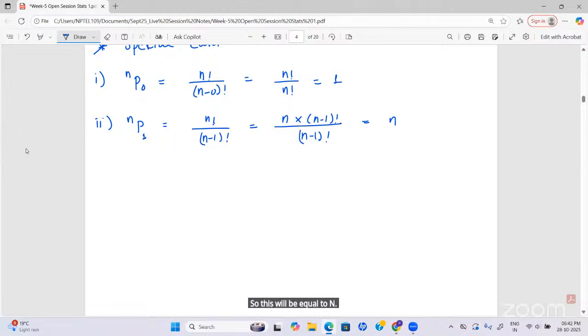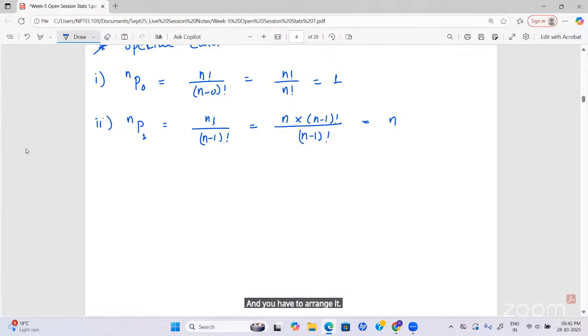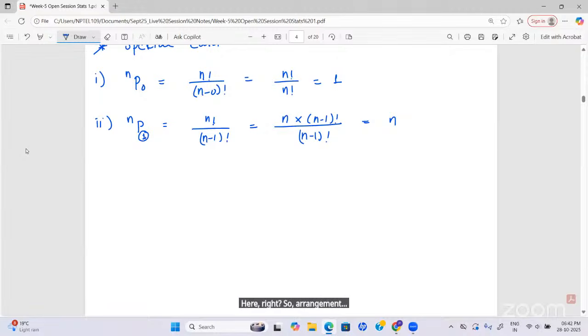From this NP1, you can see that if you have n number of objects and you have to select only one object and arrange it, that can be done in n ways. And since you are selecting only one item here, arrangement actually doesn't have any meaning.